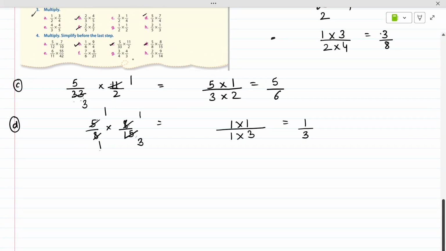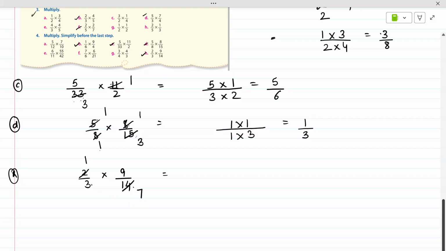Now, let us do question number H. In H, we have 2 by 3 into 9 by 14. So these two fractions are already reduced. Now let us see across. 2 and 14, they have 2 as common factor. 2 into 1, 2 into 7.